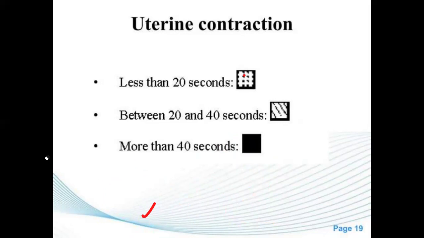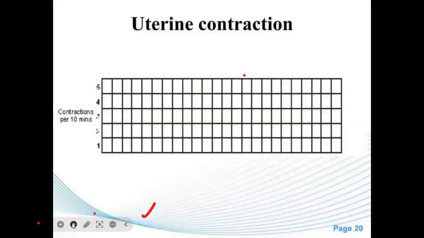Okay. So if you're clear till now, let's move forward. So mild, moderate, and severe contractions are there. So for example, in this image, I was checking the patient's contractions and I got to know that the patient is having moderate contractions, 3 contractions. So how am I going to do the charting?